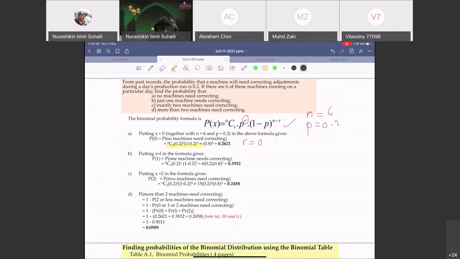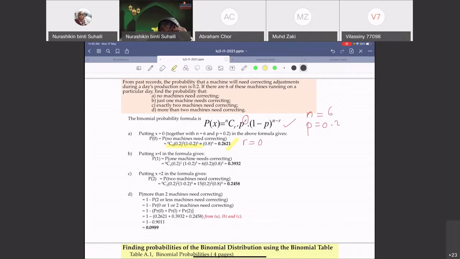So at the end, you get 0.8 to the power of 6, or the value is 0.2621. So that is the probability that no machine needs correcting. If you convert it into percentage, it's 26% chance that the machine doesn't need correcting.